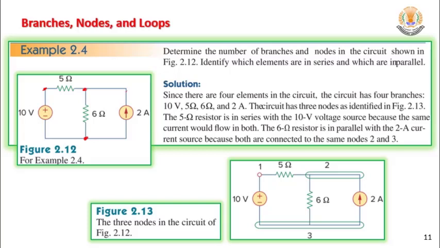It's very simple. Okay, so now the voltage source and the 5 ohms, they are in series, while the 6 ohms and the 2 ampere source, they are in parallel. Do you agree?